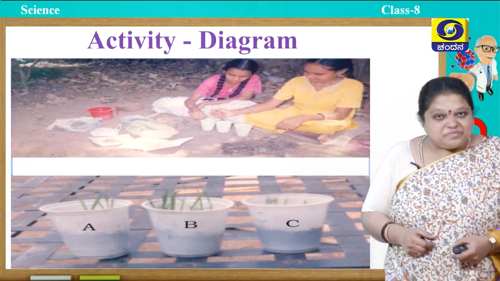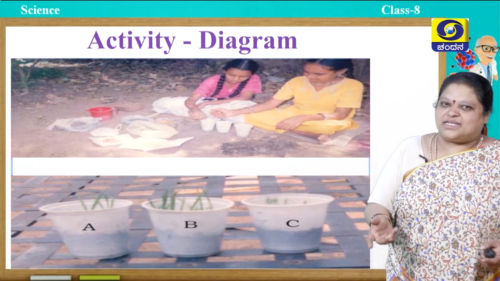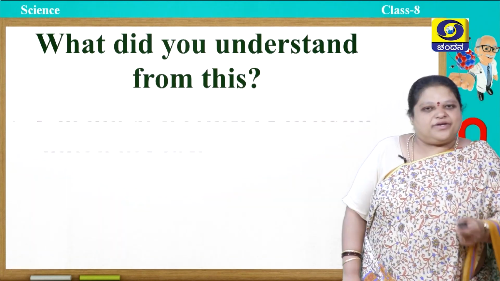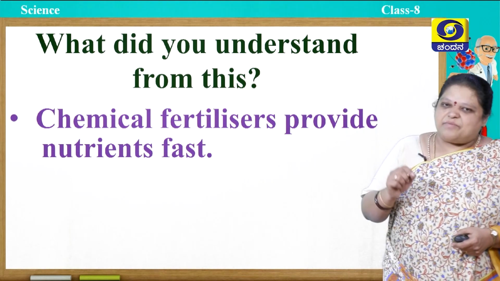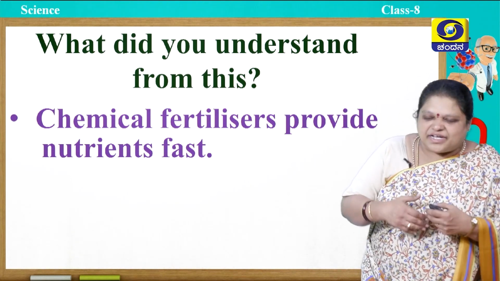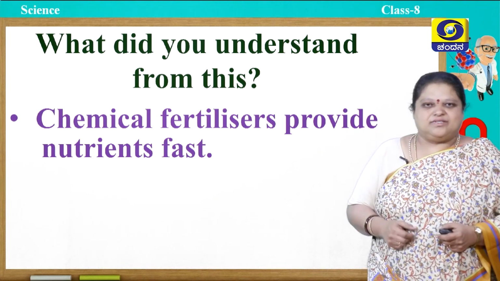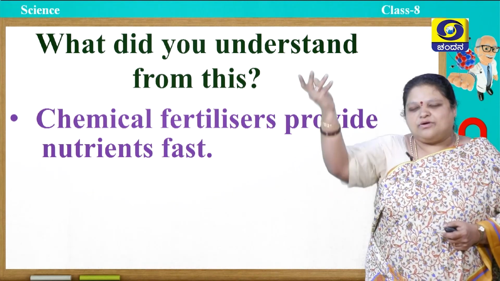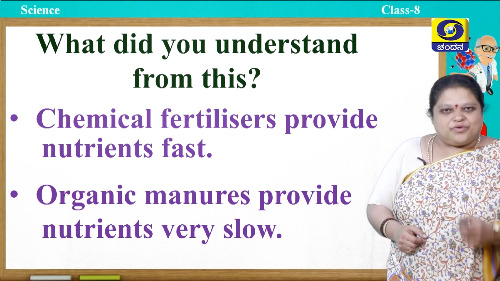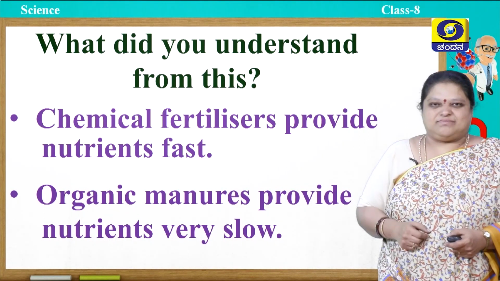So, chemical fertilizers are very good for the plants to grow. What you understood from this is that chemical fertilizers provide the nutrients very fast or rapidly. So, immediately the plants will grow very well, and organic manures provide nutrients very slowly.